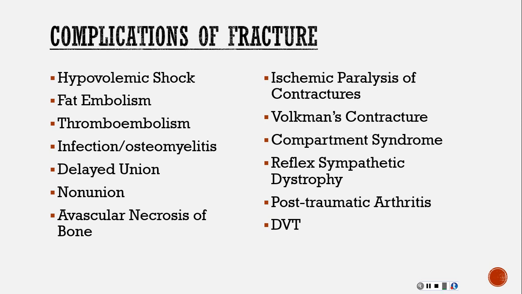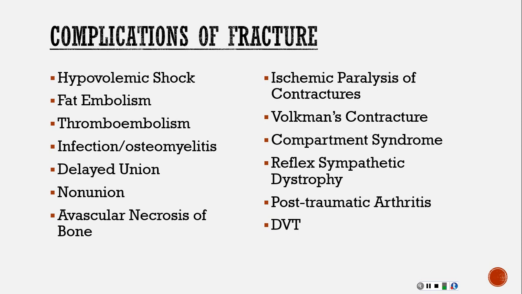Petechiae and a macular, measles-like rash may also occur, commonly over the neck, the upper arms, chest, and abdomen. So you need me to repeat that?